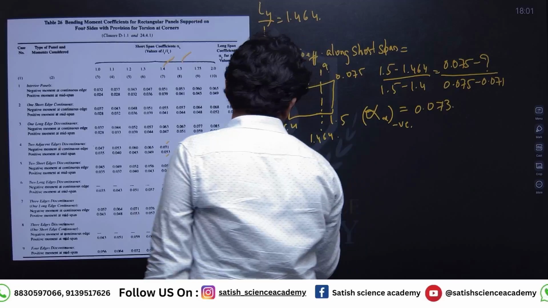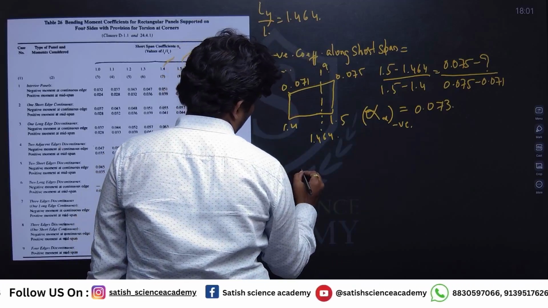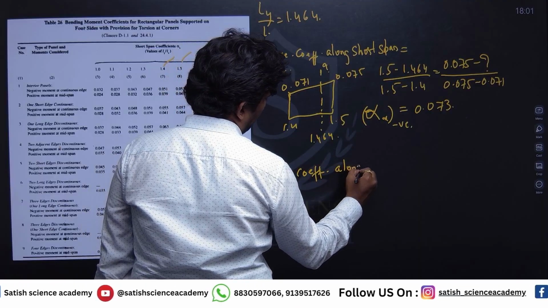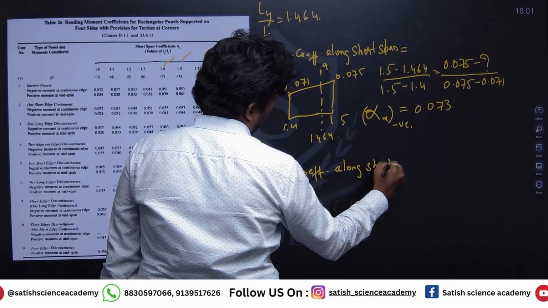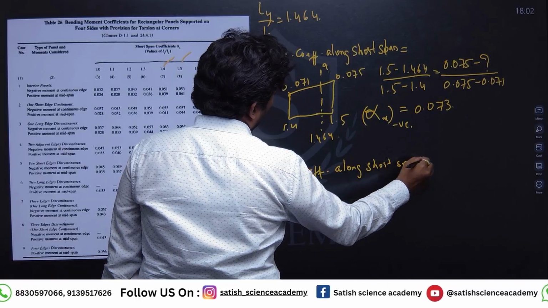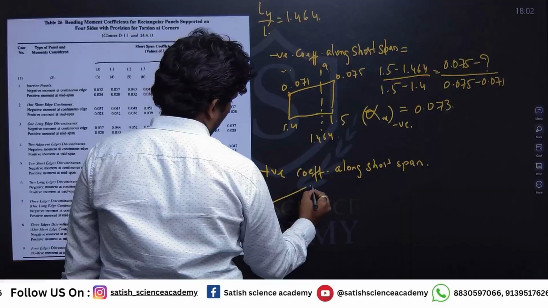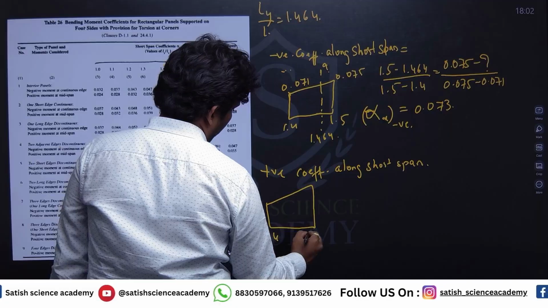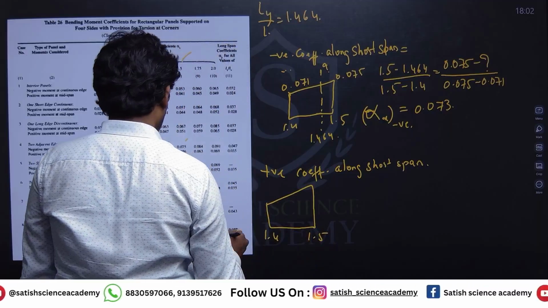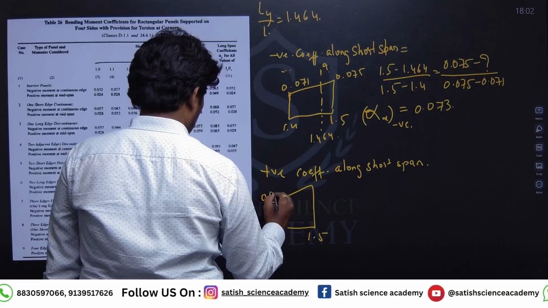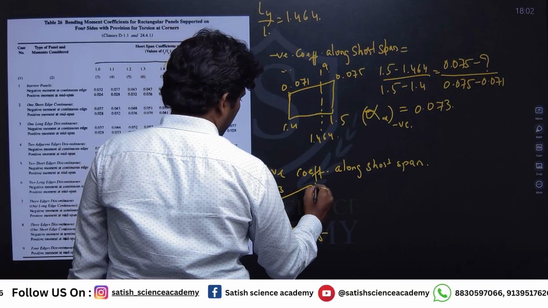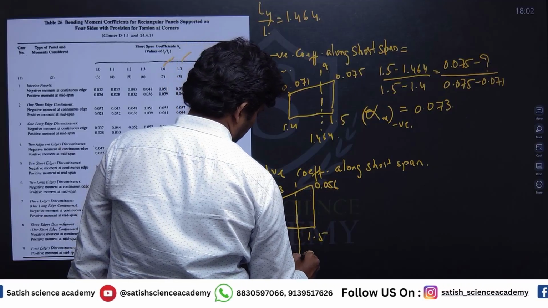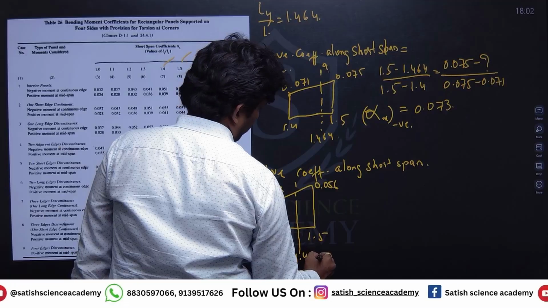So positive coefficient along short span. This one again you have to calculate in a similar way. For 1.4 and 1.5, it will be 0.053 and 0.056, and our ratio is 1.464.